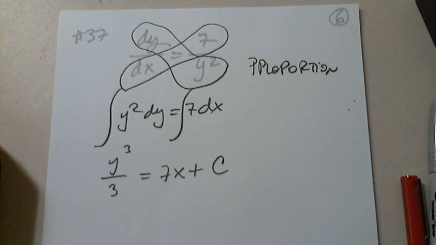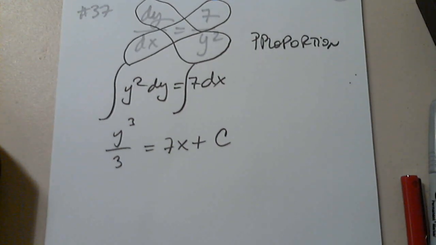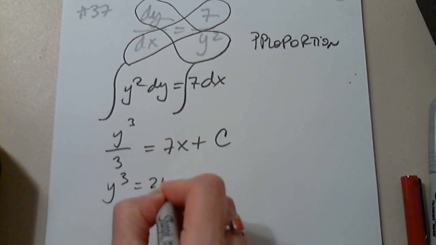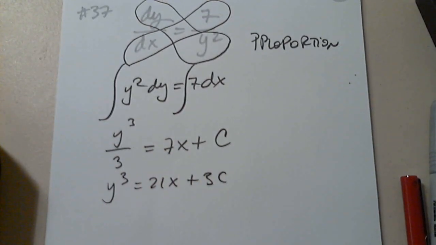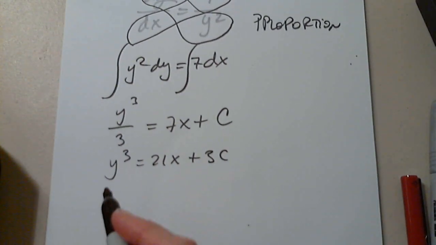Now algebra to solve for y. What should I do first? I'm solving for y. What will be the first step towards solving for y? What would you do? Forget about calculus, it's just algebra now. Multiply both sides by 3. Very good. So y cubed equals 21x plus 3c. Excellent. Final step, I'm solving for y.